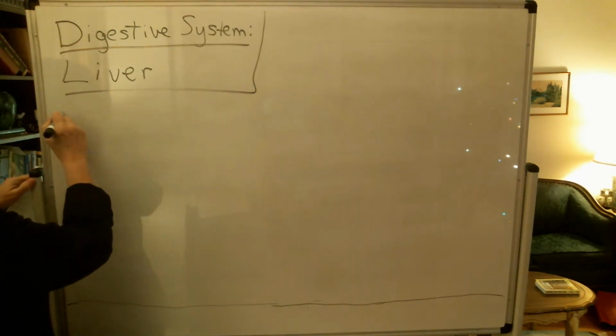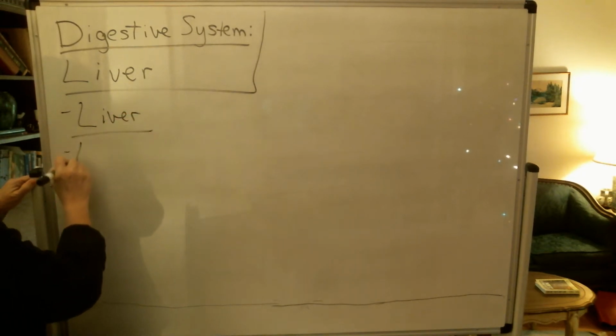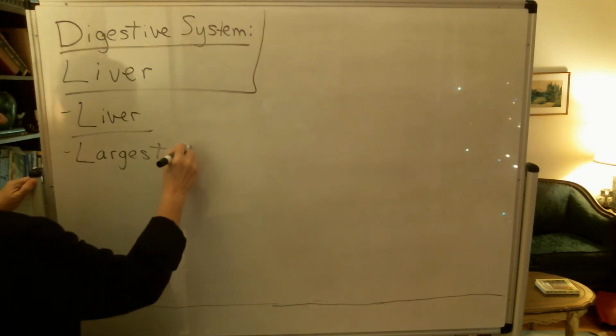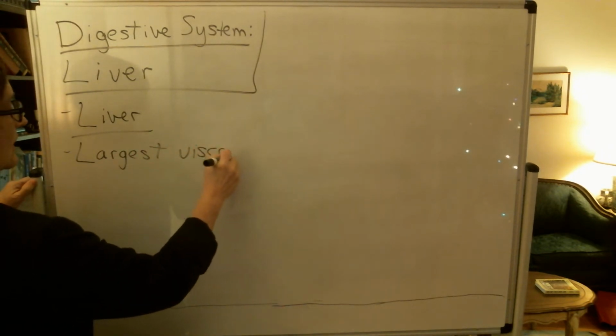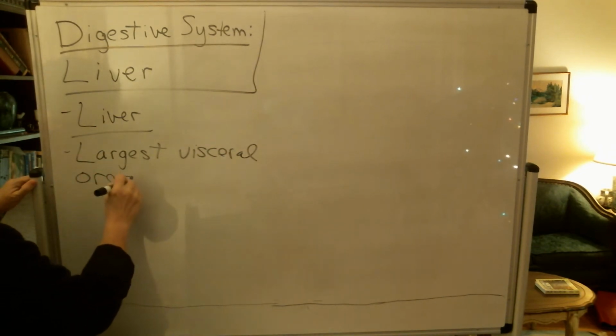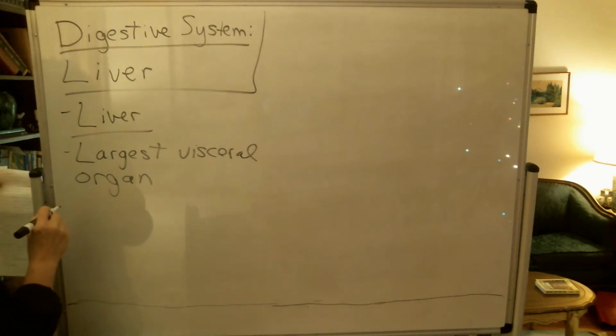So the liver is your largest visceral organ. That basically means the largest organ in your abdomen.